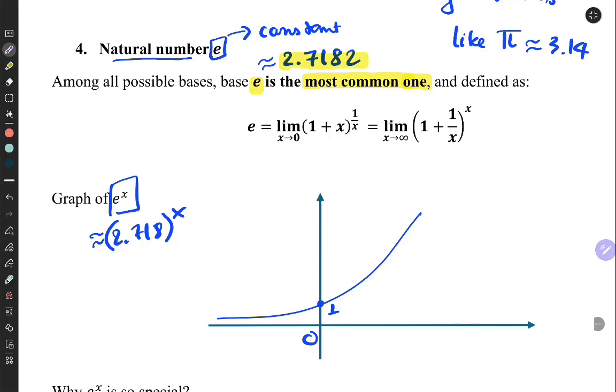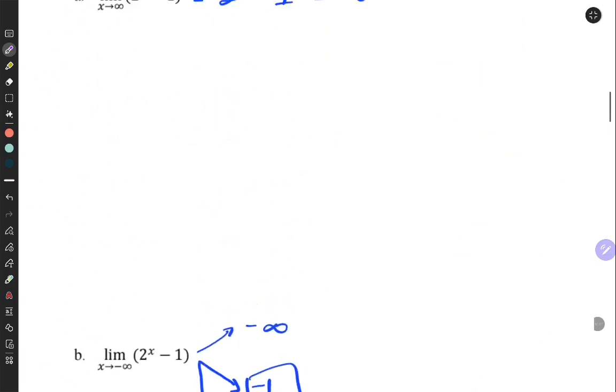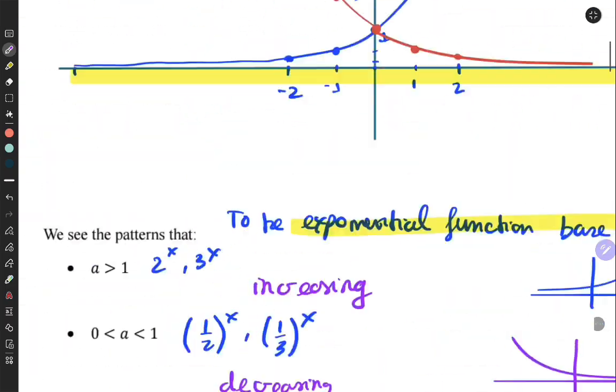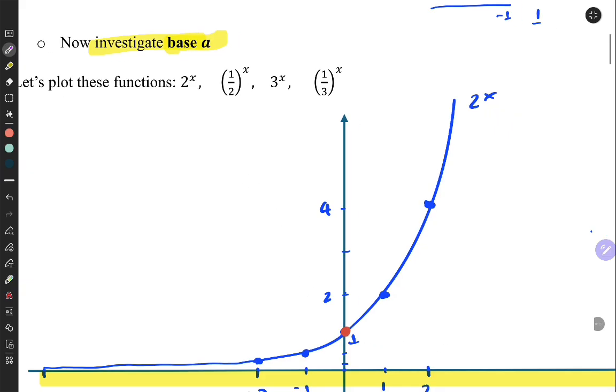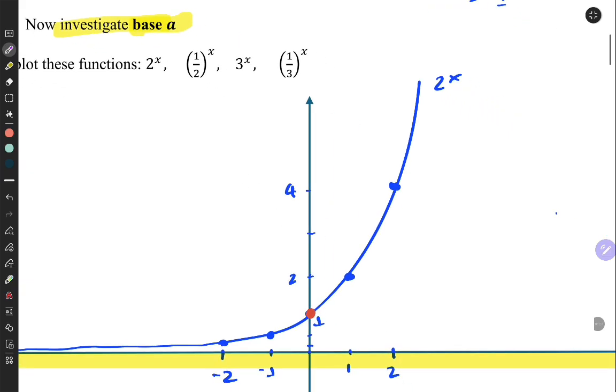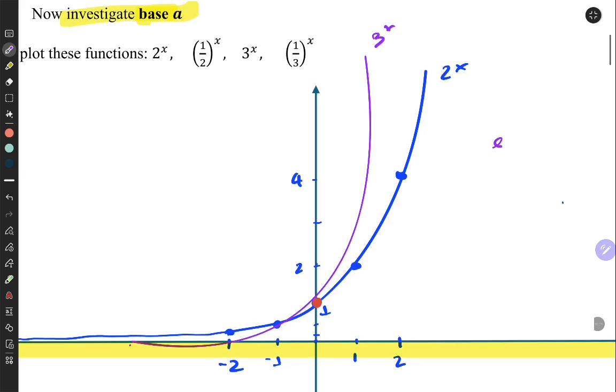Earlier, I'm going to scroll up, you can easily draw it. Earlier we drew 2 to the power x, and then we drew 3 to the power x, which is the purple one. Because e to the power x is around 2.78 to the power x.